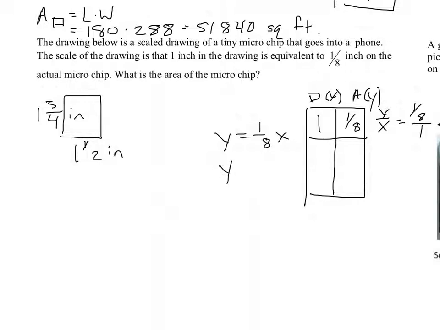the original. So I've got 7/4 and I've got 3/2. So 1/8 times 7/4 is going to give me 7/32.